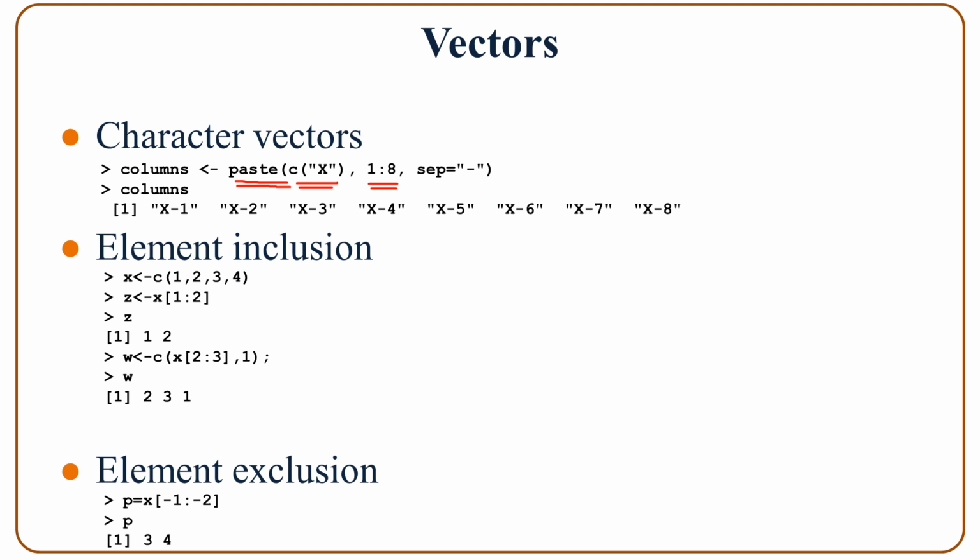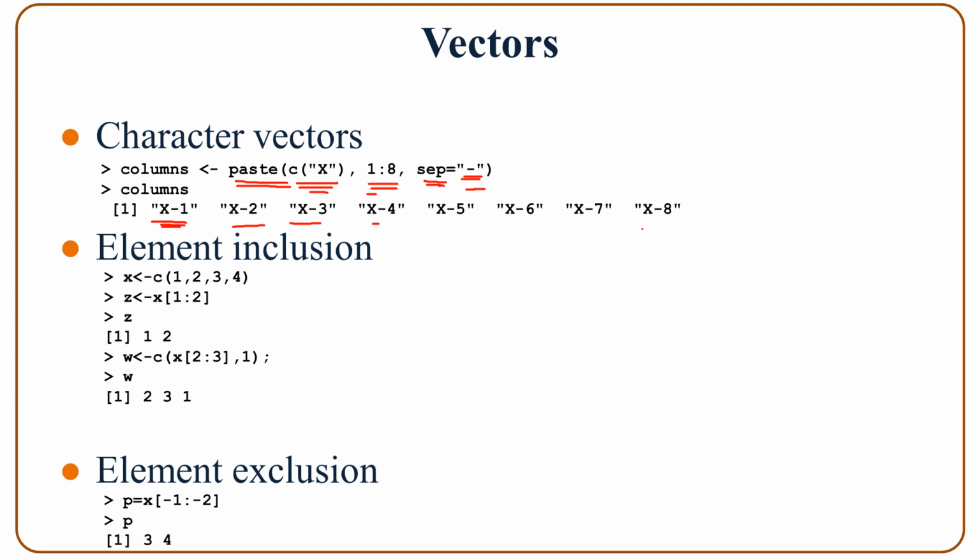The separator is a hyphen. Then it creates character vectors like this. So x with the first element and the separator between them, that is the first element. So x-1, x-2, x-3, etc. up to x-8.